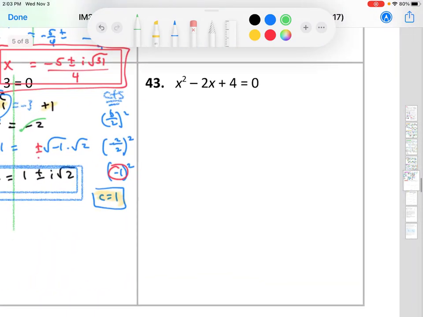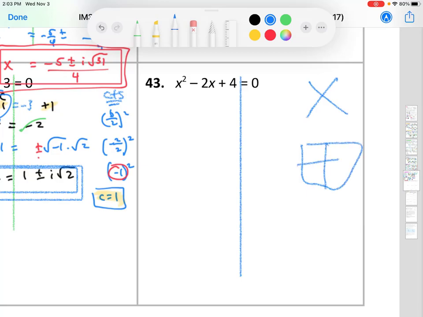And number 43. Okay, you can't factor this, right? Come on, iPad. Does that make sense? It's A times C is 4 and B is negative 2, so there's no two numbers that multiply to be 4 and add to be negative 2.